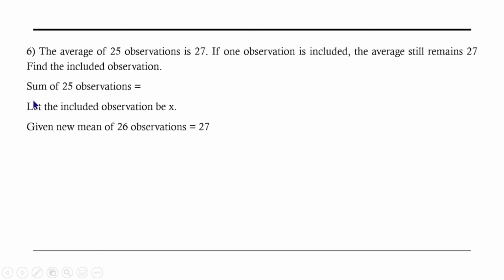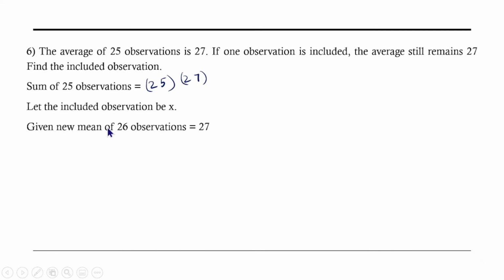So first let us take the sum of 25 observations. If the average of 25 observations is 27, then the sum of 25 observations will be 25 into 27. And let the included observation be x. After including this x, the average still remains 27. So here it is given the new mean of 26 observations is equal to 27.